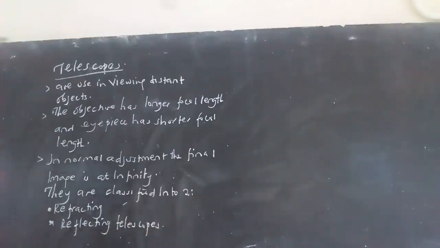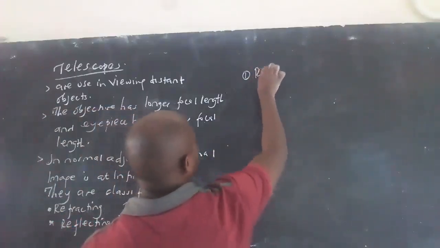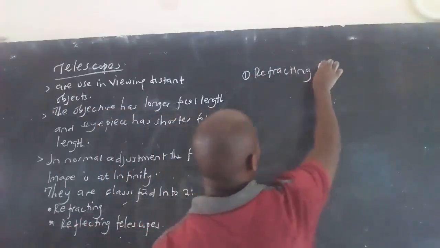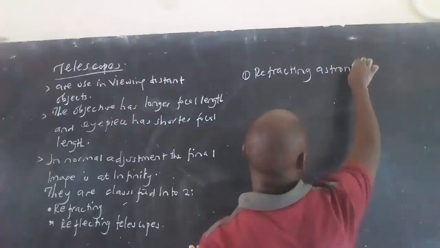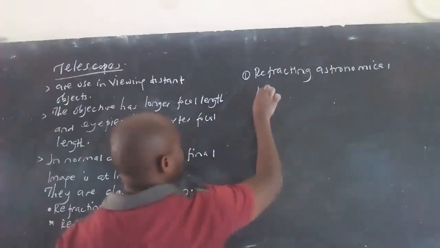So we're going to start with the refracting astronomical telescope.